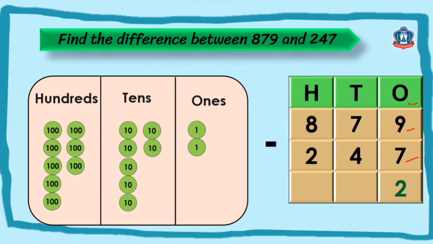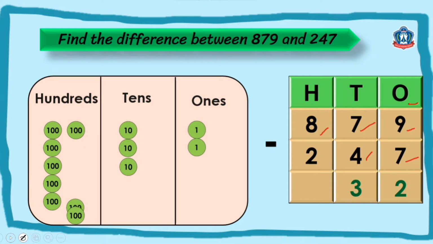Next, 7 tens minus 4 tens. We have 3 tens. Then, in hundreds place, we have 8 hundreds minus 2 hundreds. So we take 2 hundreds. How many hundreds left? Yes, 6 hundreds. So 879 minus 247 is 632.